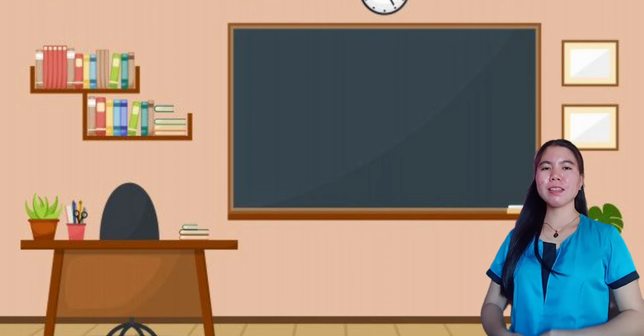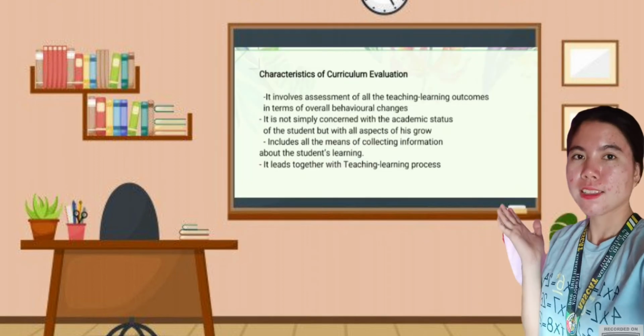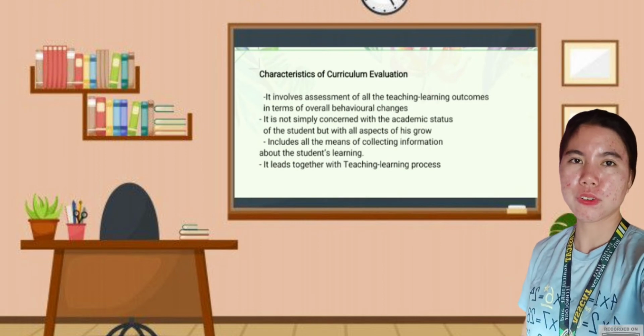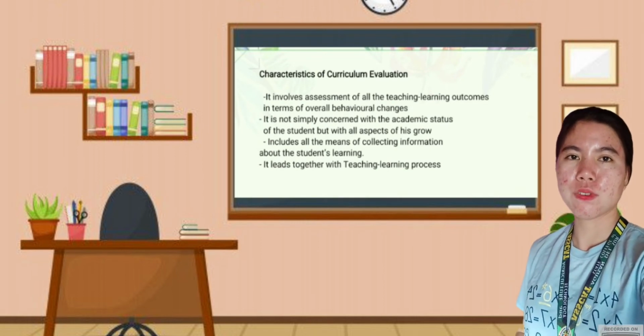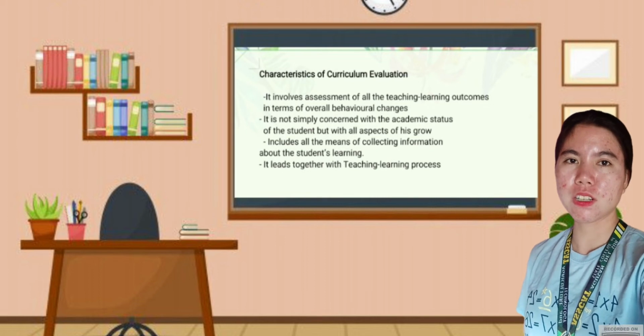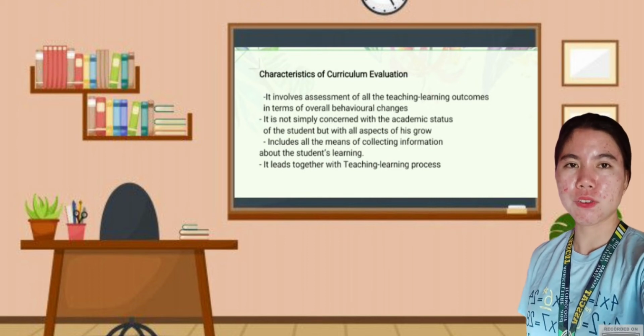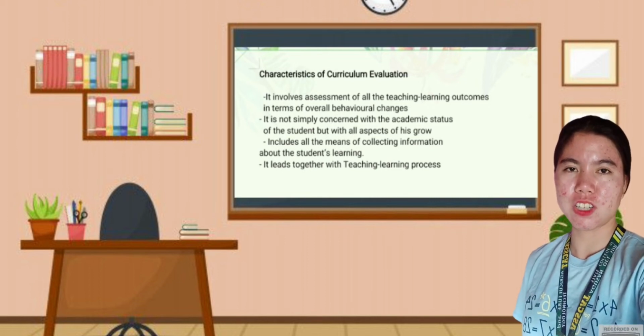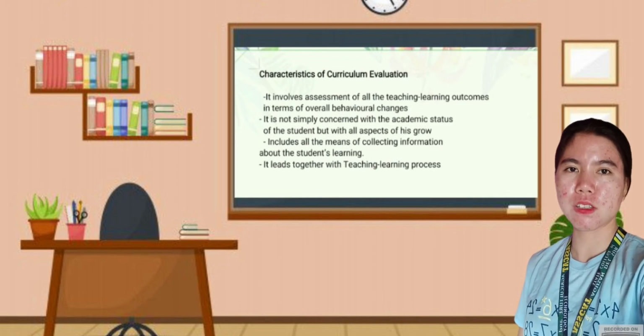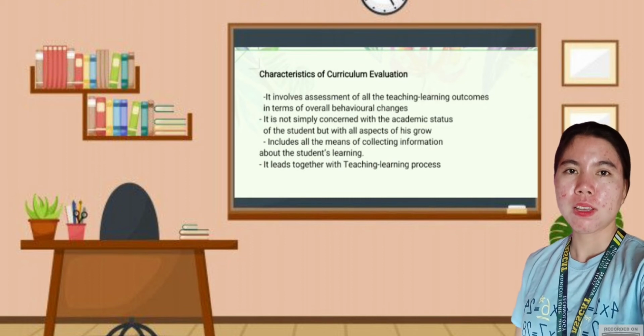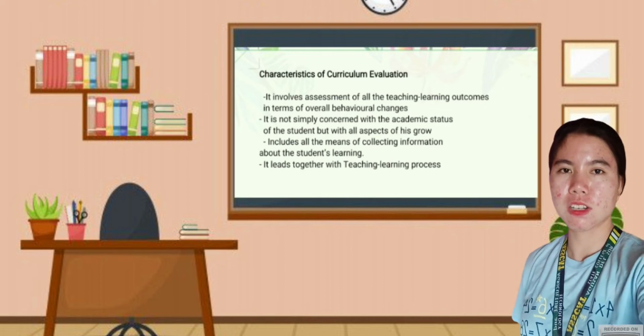Next to present is the group 4. These are the characteristics of curriculum evaluation. It involves assessment of all the teaching learning outcomes in terms of overall behavioral changes. It is not simply concerned with the academic status of the student, but with all aspects of his growth. Includes all the means of collecting information about the student's learning.